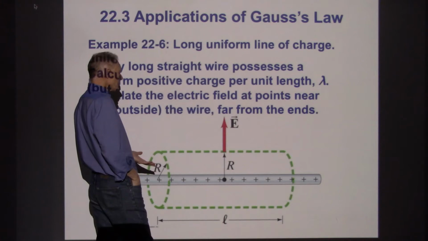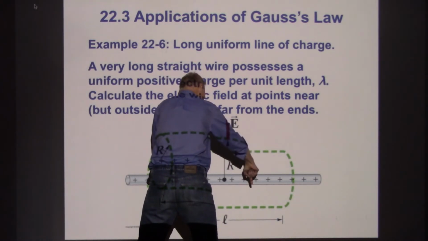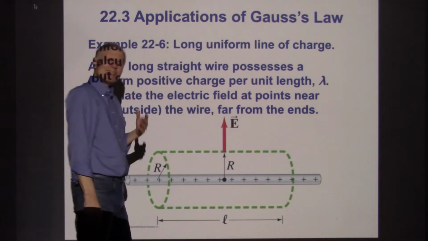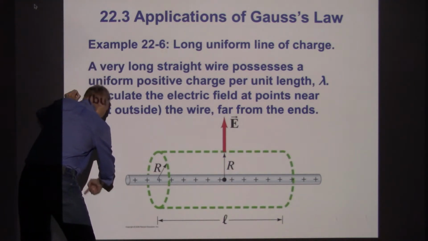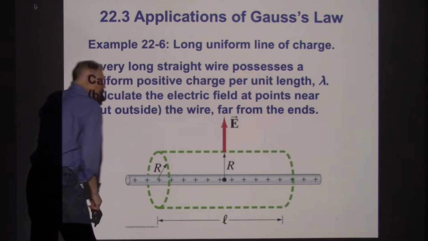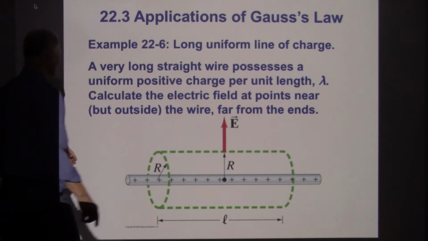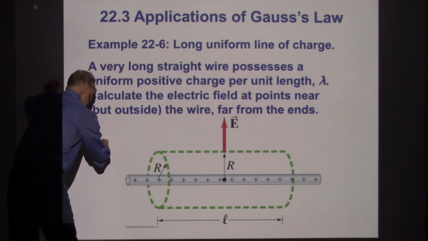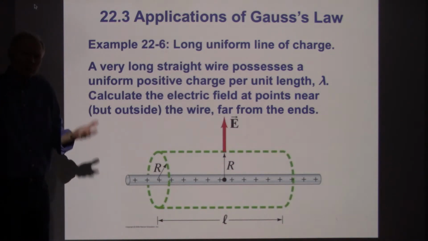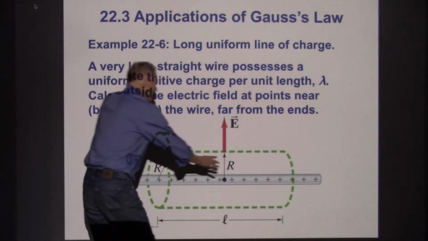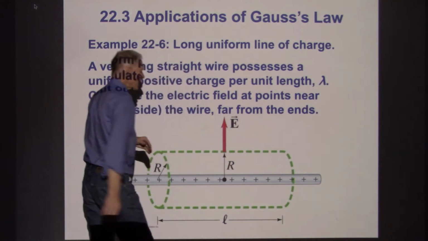Just by thinking about electric fields, what we're guessing is that the electric fields are going to be directed away from the charge, except on the ends. When I wrap around the ends, the E fields have to wrap around. Now, Gauss's law is not going to be very good at calculating what the E fields are in these complicated regions. Where Gauss's law is going to work as a reasonable approximation is in the center regions, not very far away from the wire.